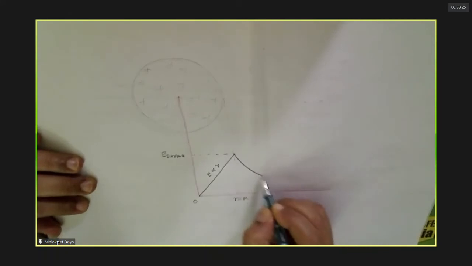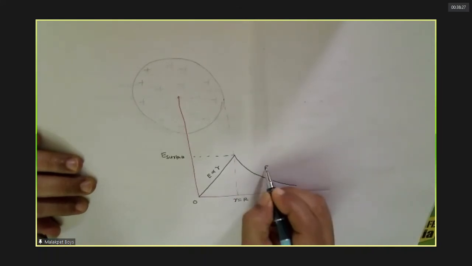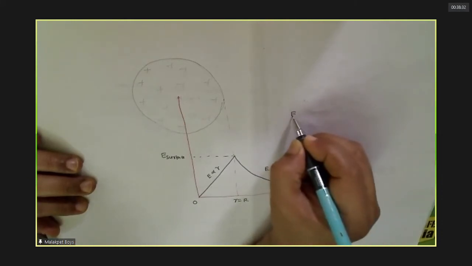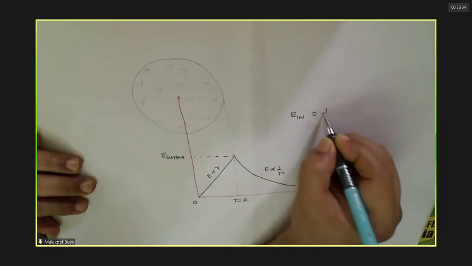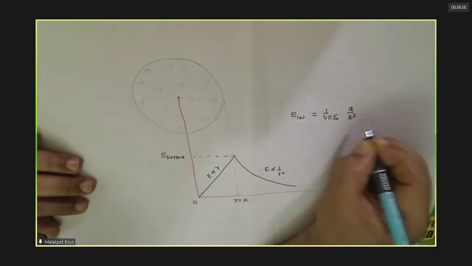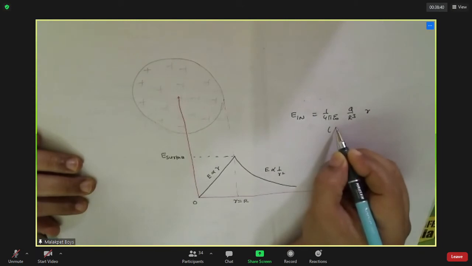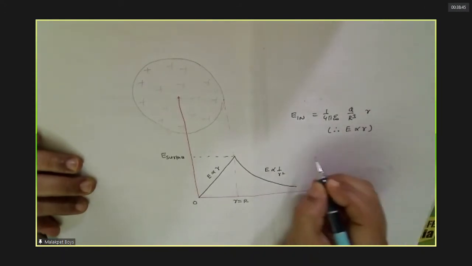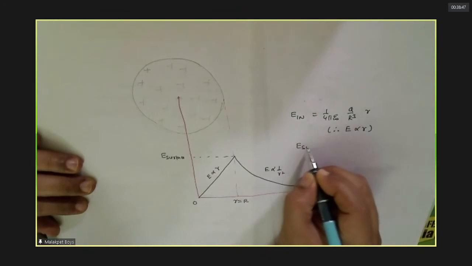After that, it drops like this. E surface.